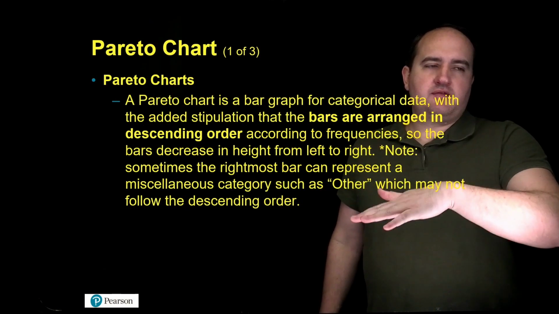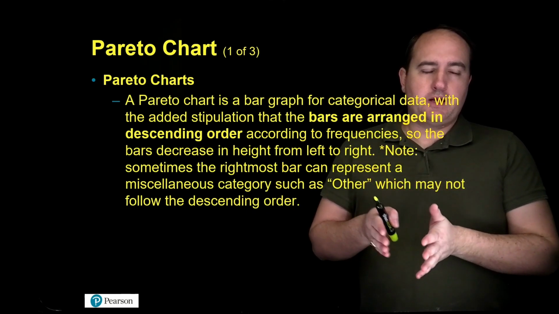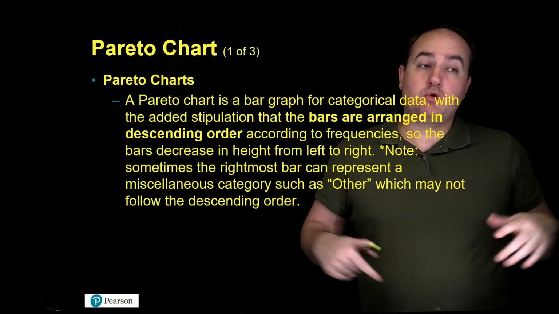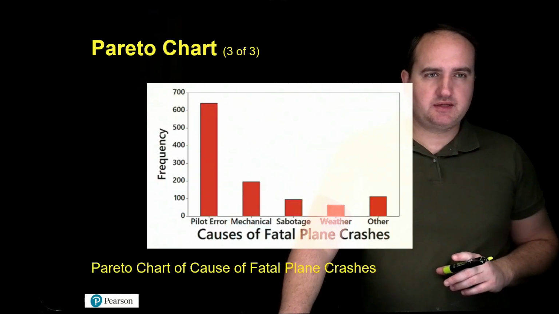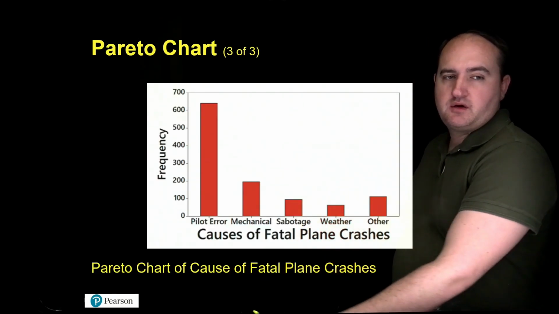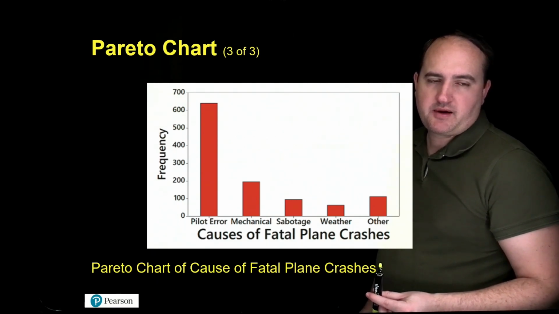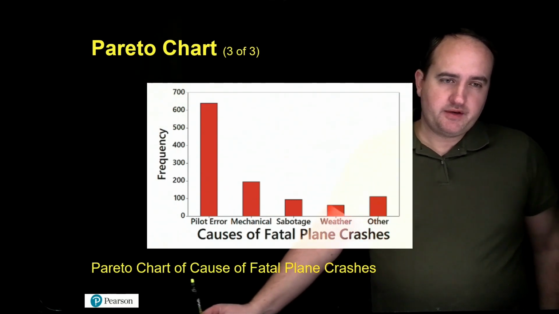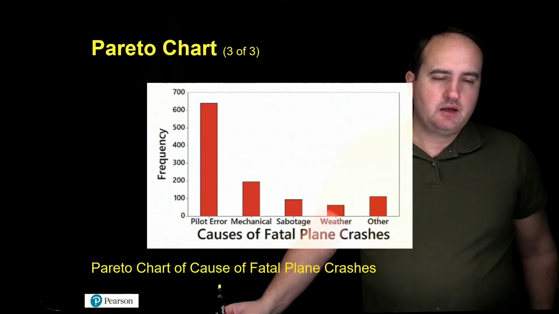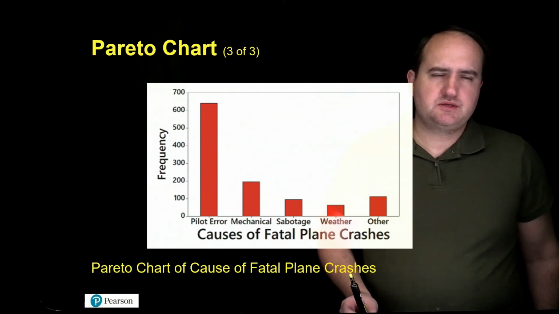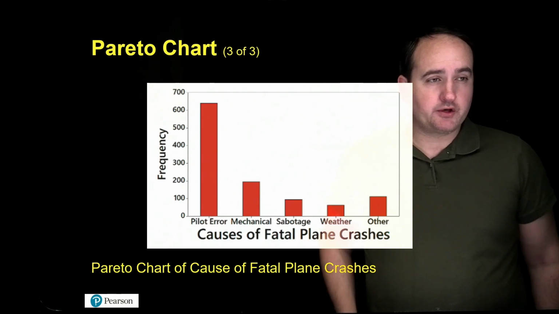Now, vertically speaking, the height of each bar is still going to represent a number, but on the horizontal axis, we're going to see categories. So let me just jump ahead so we can see the picture. Here we have a picture of a Pareto chart, and we're going to talk about this in detail, but notice that this particular Pareto chart is of causes of fatal plane crashes in a certain year. They didn't indicate which year this was, but this is out of our book.